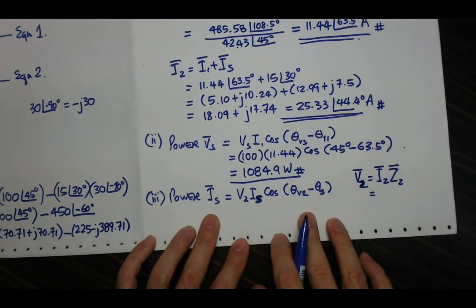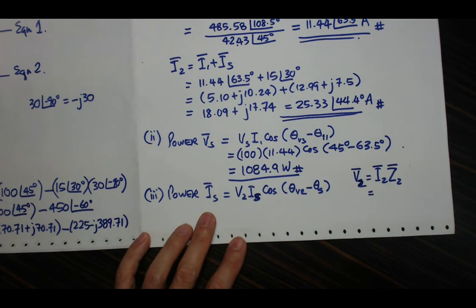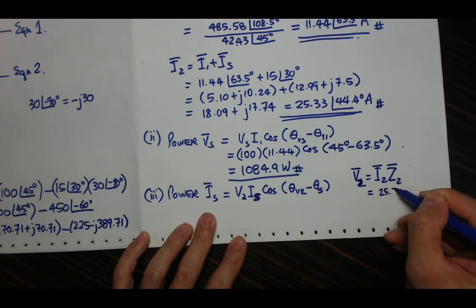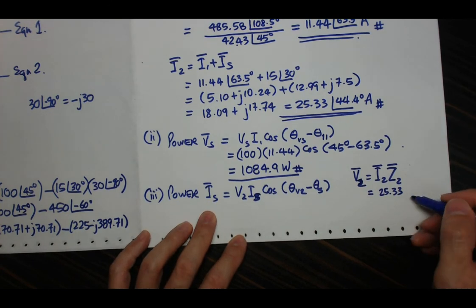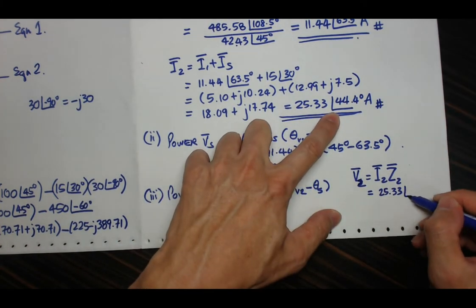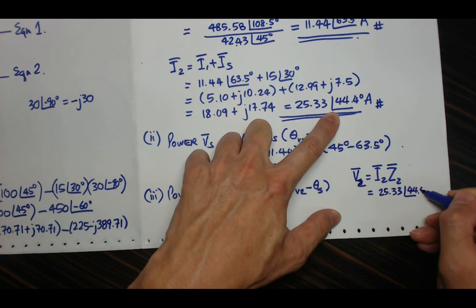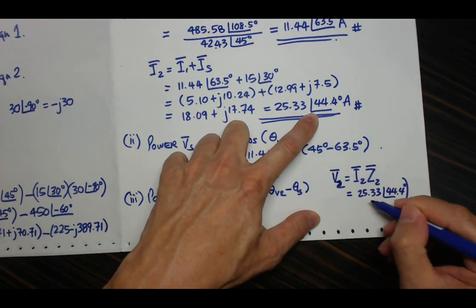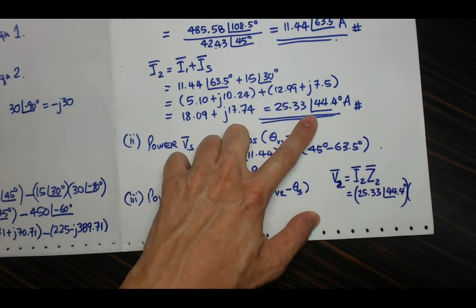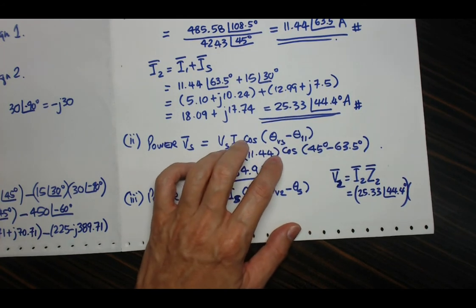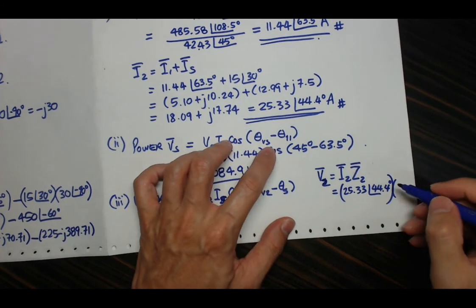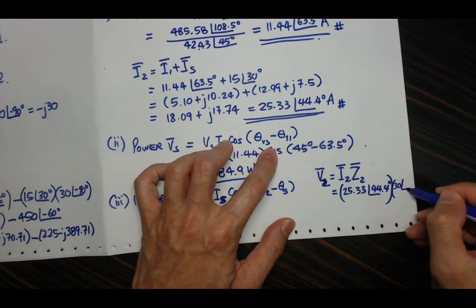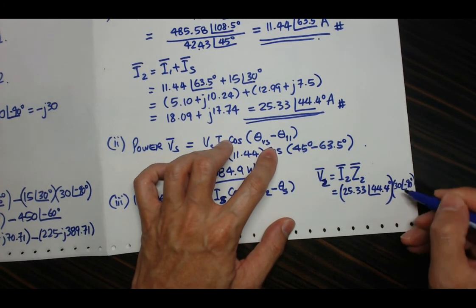That equals 25.33 at the angle of 44.4 multiplied by Z2, and Z2 is given by 30 angle of minus 90, 30 angle of minus 90 degrees.